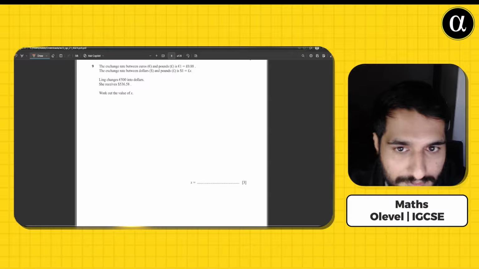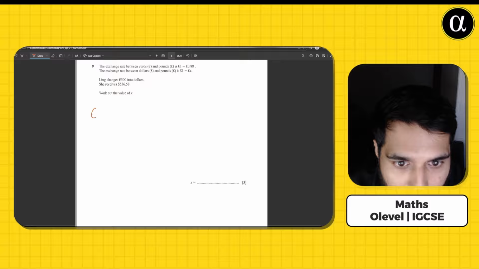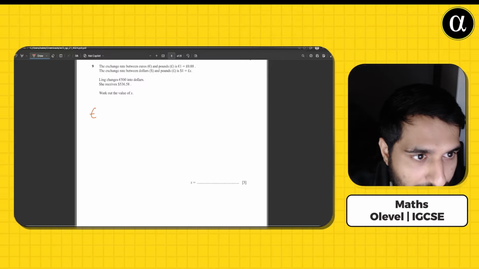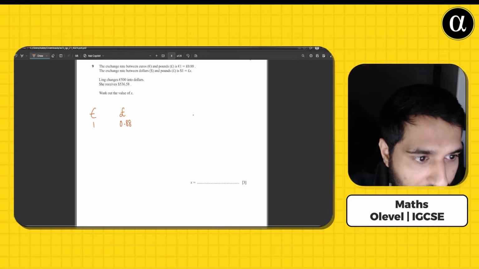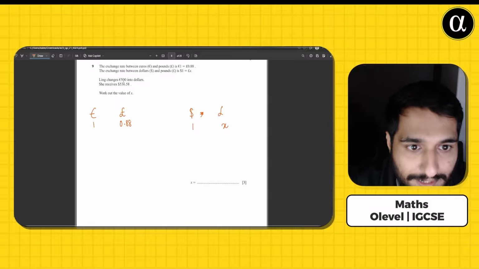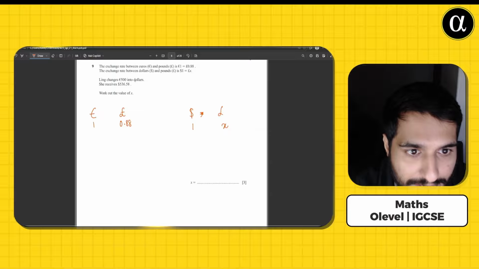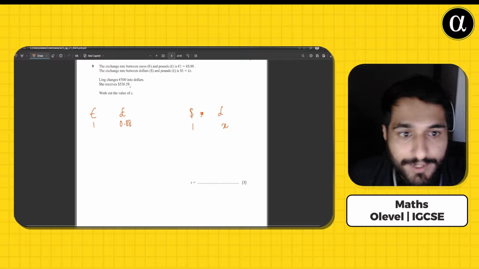Since these are three different quantities, or three different currencies rather, I'll write it down like this. The first conversion is euros and pounds, so 1 euro is 0.88, and then the other conversion is for dollars and pounds, and we know $1 is equivalent to X. Now it says that Link changes 500 euros into dollars, and she receives $536.58.